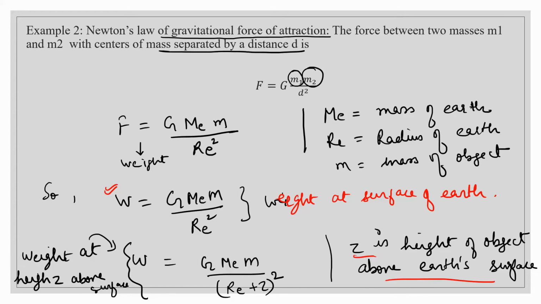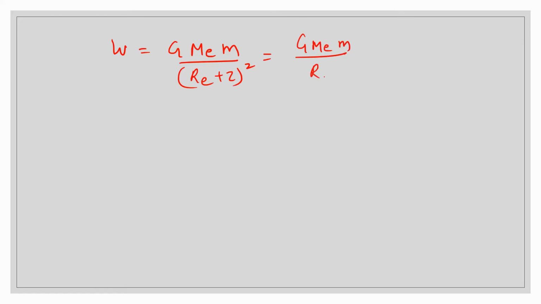Now what we want to do, we want to get an approximate value for this formula. So let us see how we can do this. I will write W again. This is G M_E M, so I can take R_E square as common, and then I will get it like this.